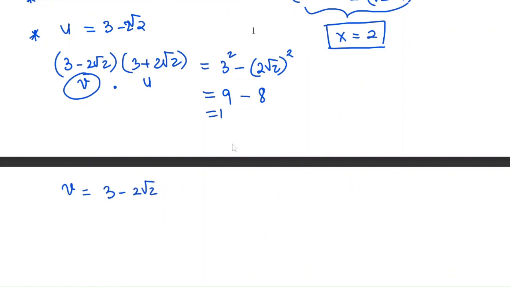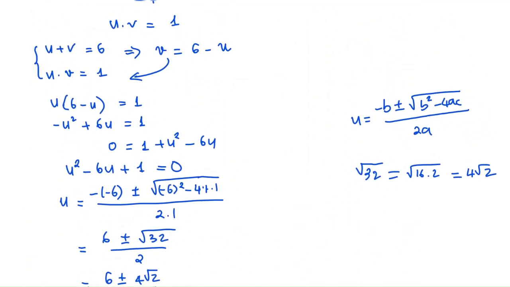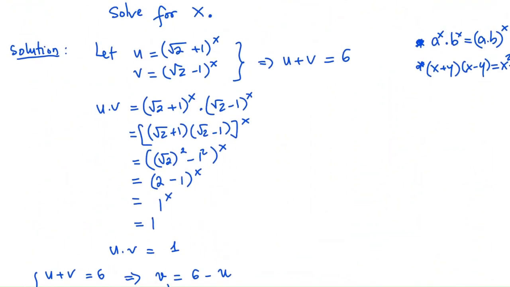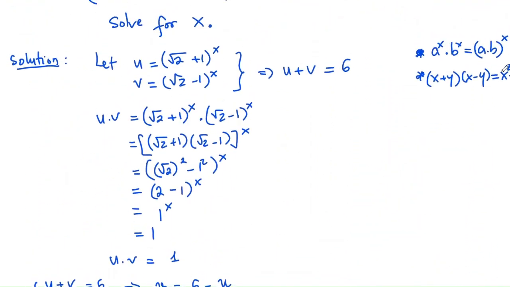Similarly, we have 3 as 2 plus 1 over here, and inside here 2 square root 2, because 3 is 2 plus 1. And this is equal to (square root 2 minus 1) squared. And go back to what we have: v is (square root 2 minus 1) to the power x.